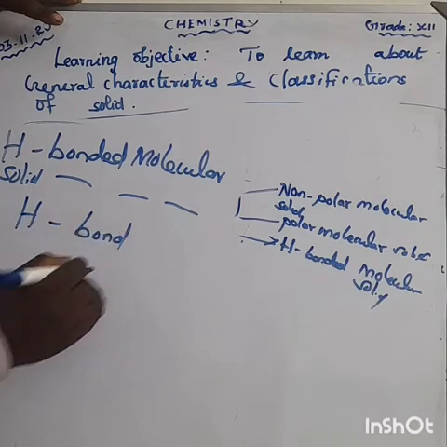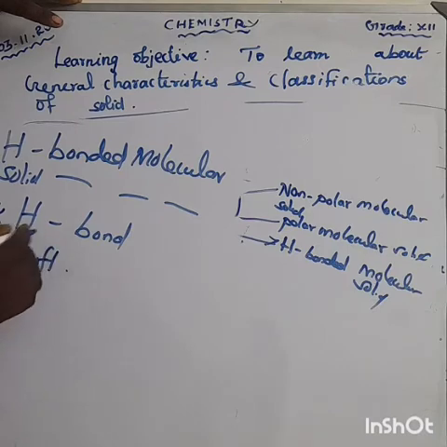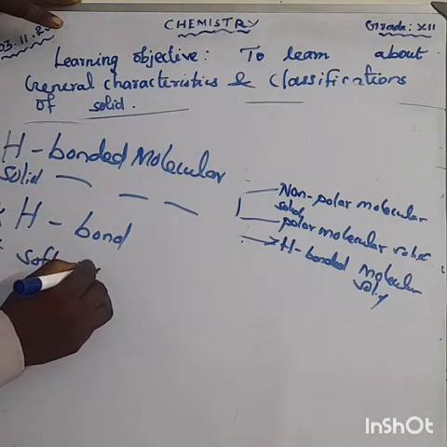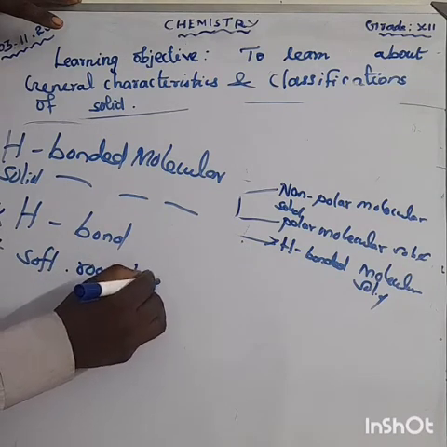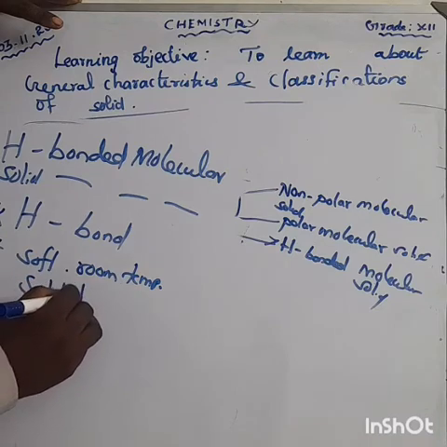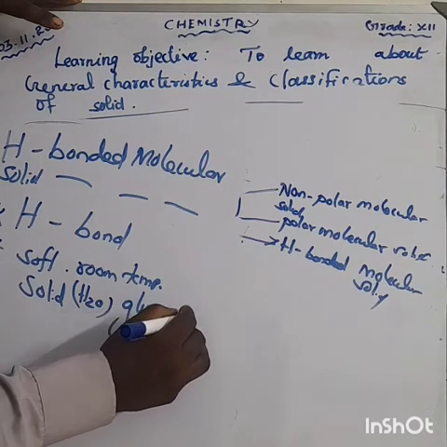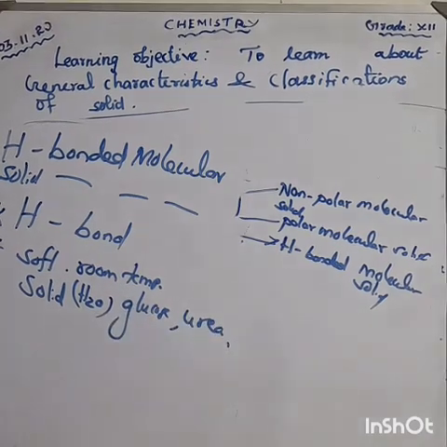They are usually soft, soft under room temperature. That's the meaning. Examples are solid water molecules, glucose, urea. These are all the examples of hydrogen bonded molecular solid.